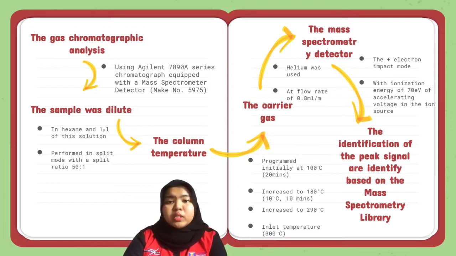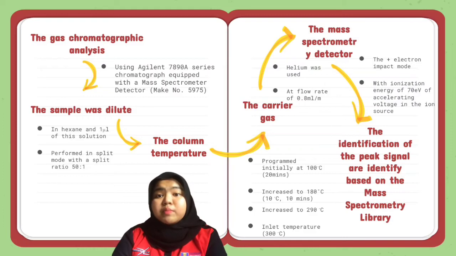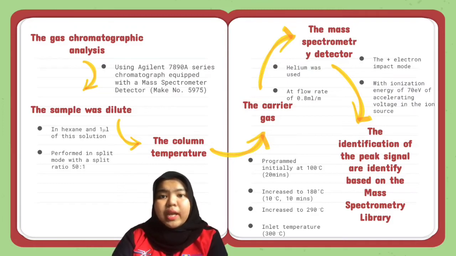The sample was diluted and 1 microliter of this solution was injected into the column. The injection was performed in split mode with a split ratio of 50:1.